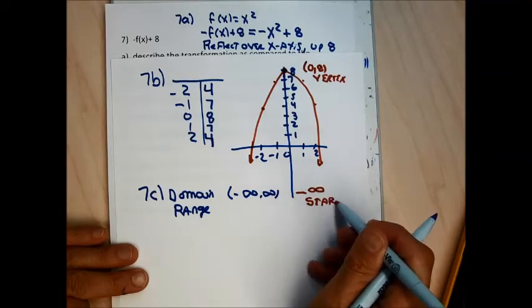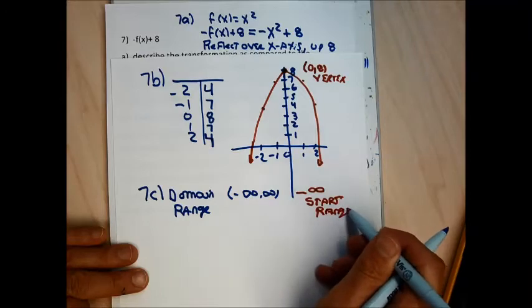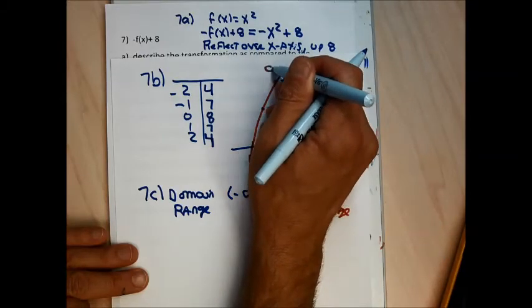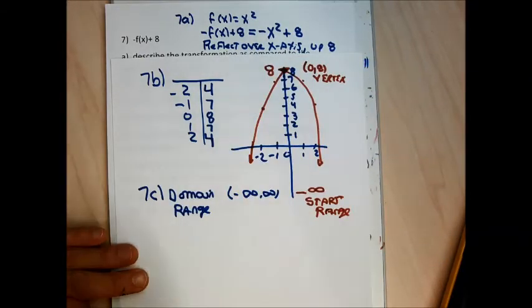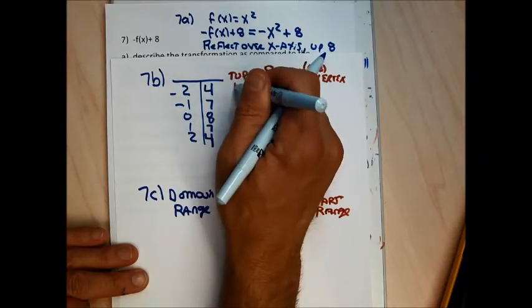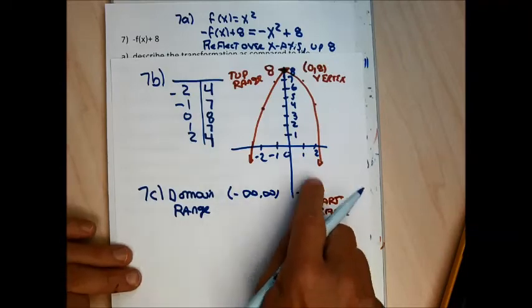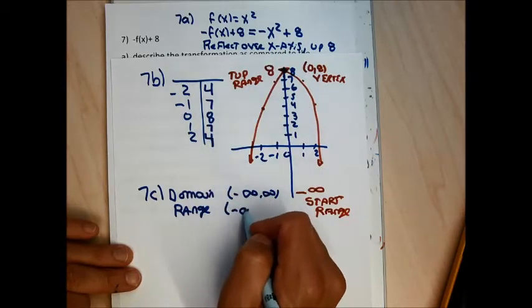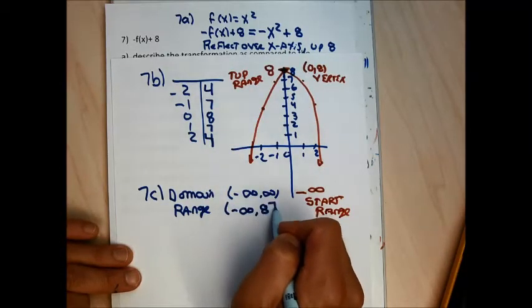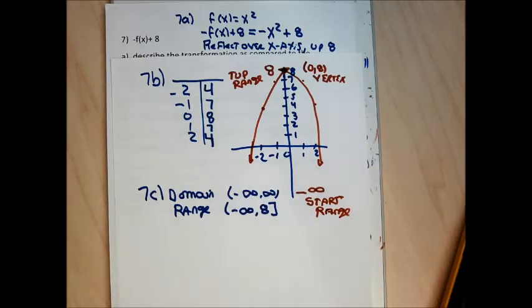That needs to be the first number in my range, because for range, I read from bottom to top. The top of my range is going to be the y-coordinate of the vertex, which is at y equal to 8. So when I go to write my range, I shouldn't write 8 comma negative infinity. I should write negative infinity comma 8. The 8 gets a square bracket because it corresponds to a point on the graph. The negative infinity gets a round bracket because they all do.